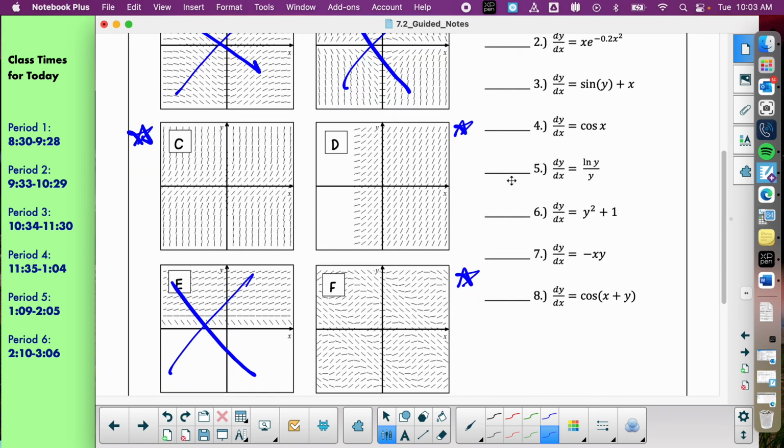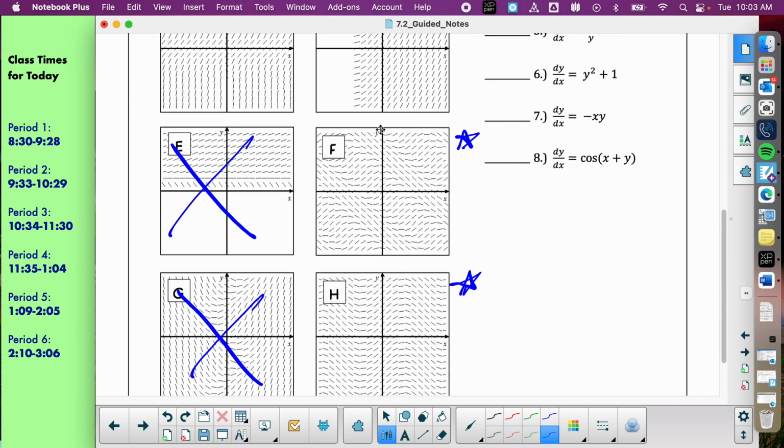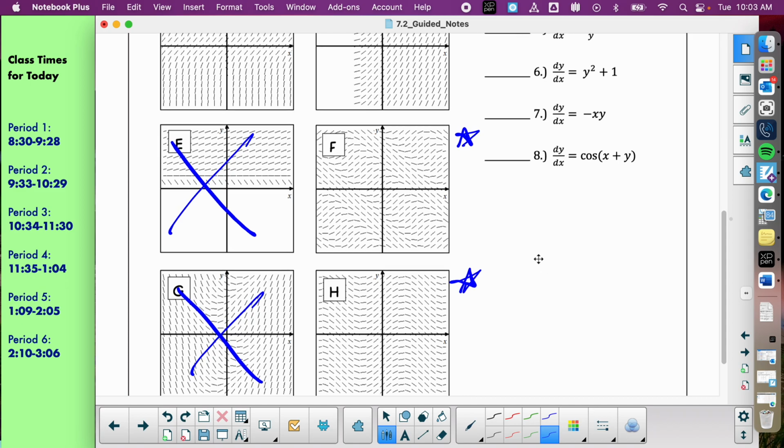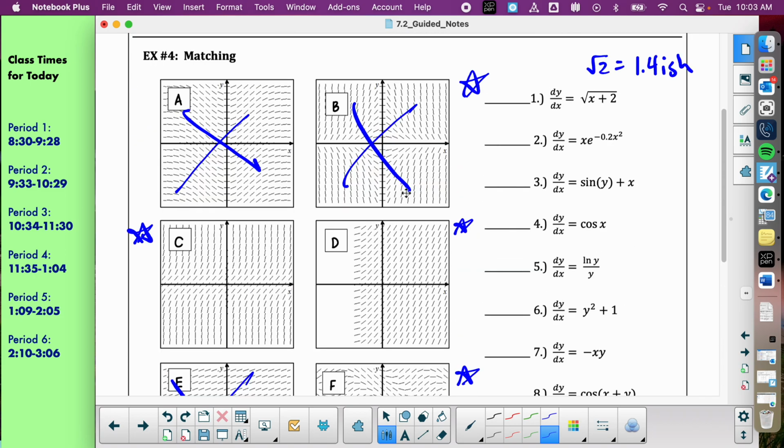Let's see. I'm looking at the equations that are there. C and D actually look sort of the same, except for on the left-hand side. F and H both sort of resemble each other. They're both wavy. So I guess I'll pick a number to the right, like 2, 0.